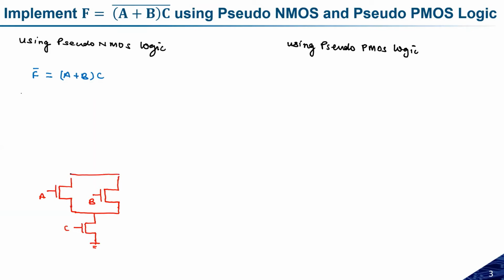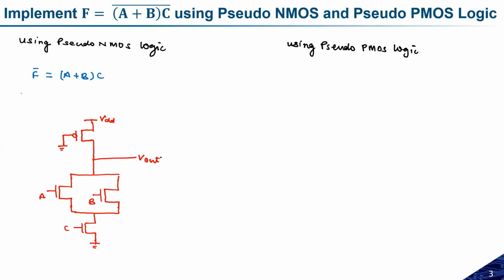This is how the pull down network will look. And if we combine the load transistor over here, the exact circuit will look like this. From here I need to take the output. So this is the structure of the function (a plus b) into c complement by considering the pseudo NMOS logic.